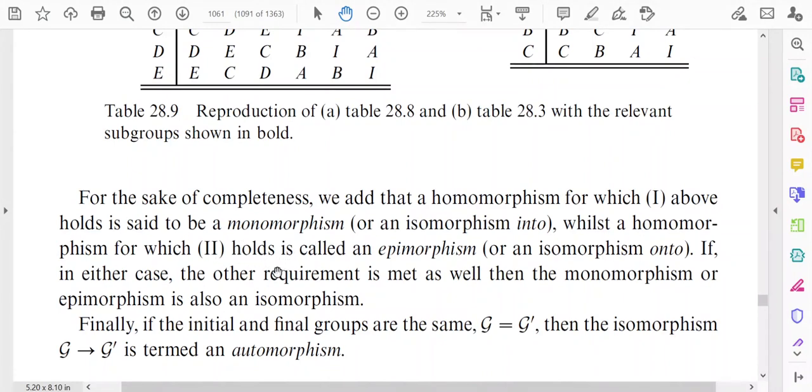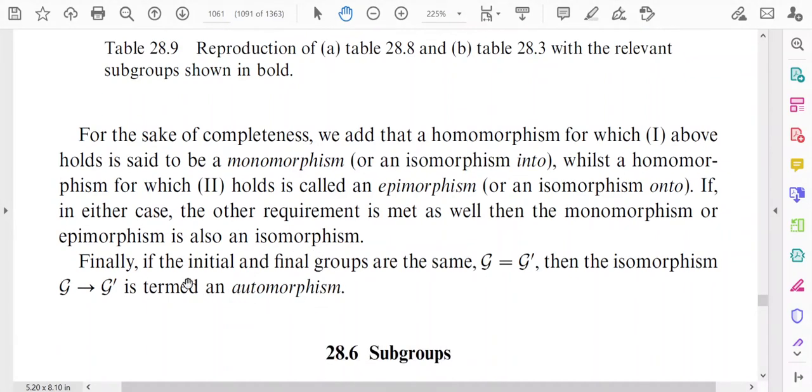If only condition 2 holds, then that homomorphism is known as an epimorphism. If both conditions hold, then we call the homomorphism an isomorphism. And if the initial and final groups are the same, that is G equals G prime, then the isomorphism is termed an automorphism. These are the different nomenclatures used.